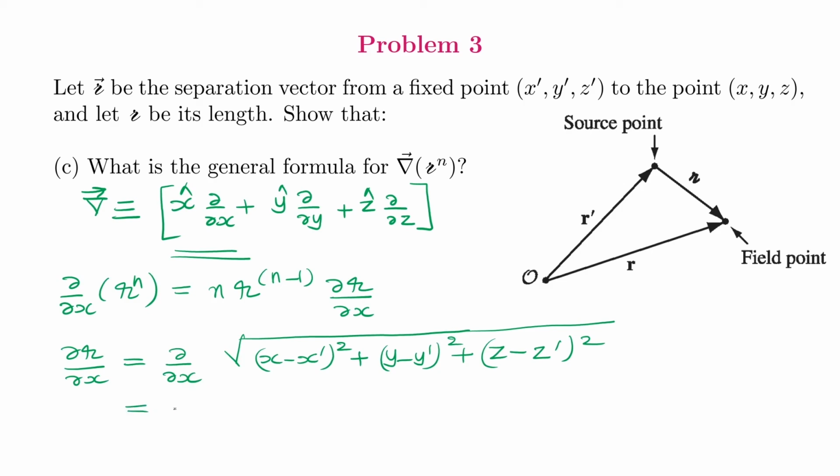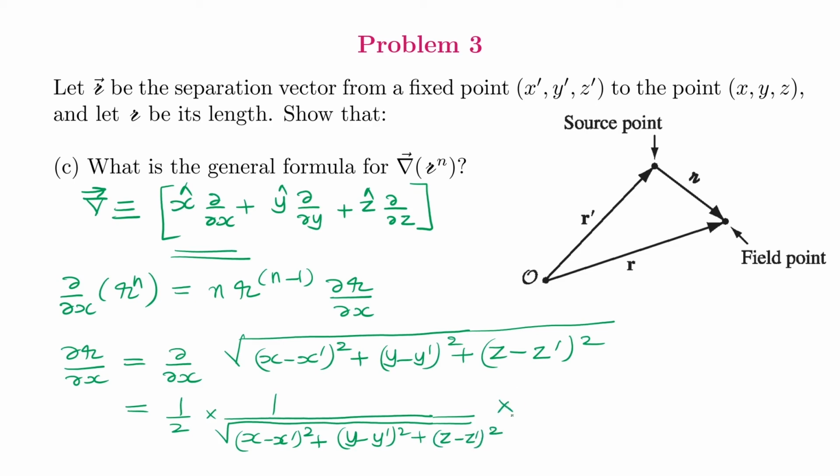This is equal to 1 by 2 times 1 by the square root of the same expression, times 2(x minus x').